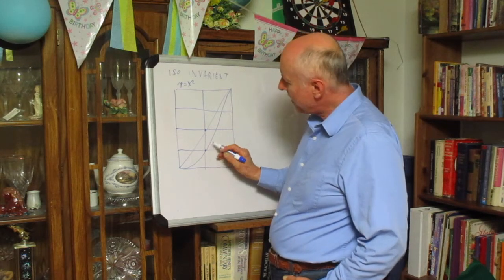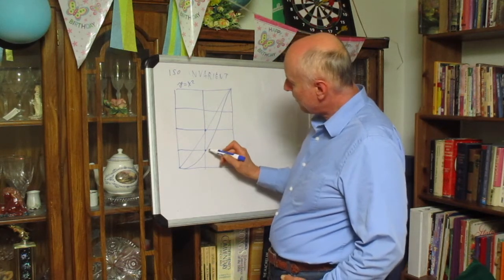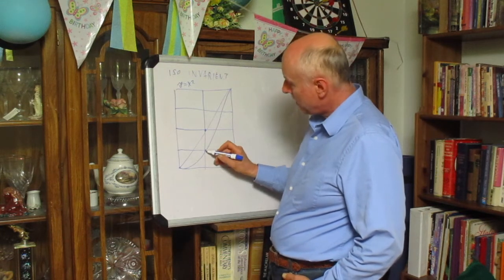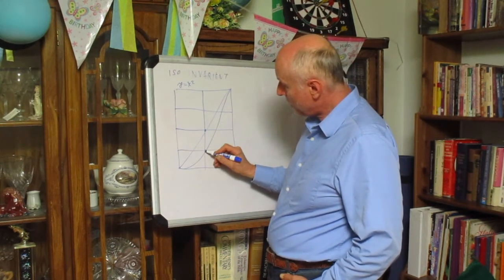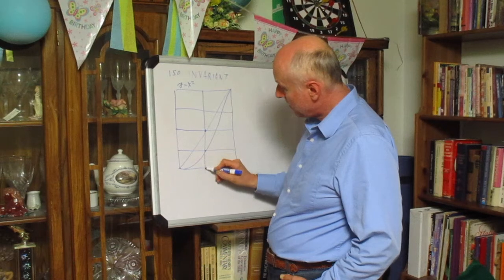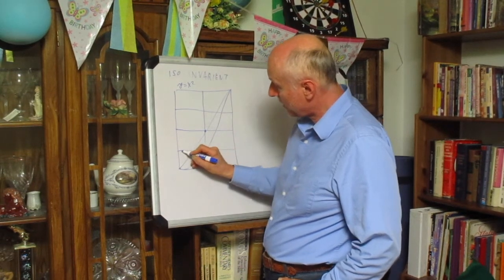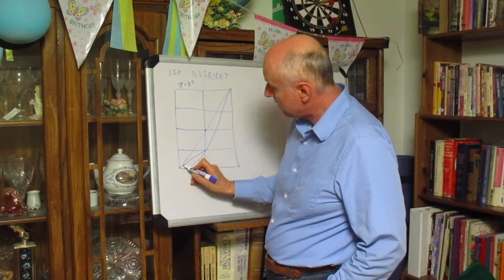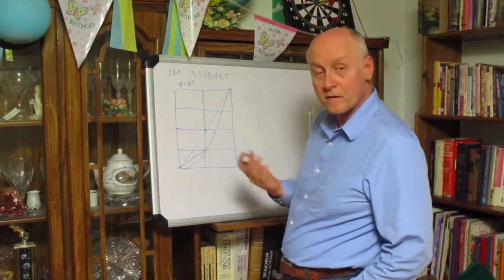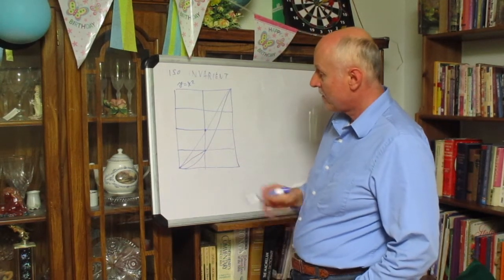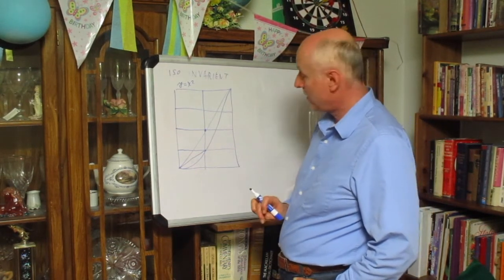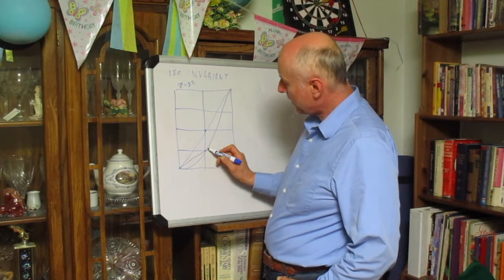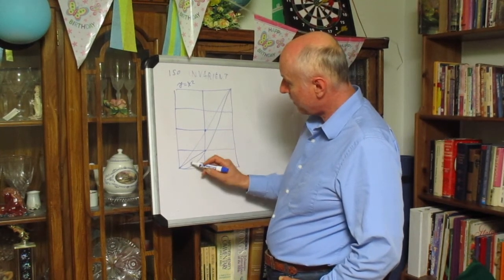Let's say that we zoom in on this point here, and we draw a box just around it, and we draw our diagonal through here. Look at this carefully. We're going to look at slopes and areas.